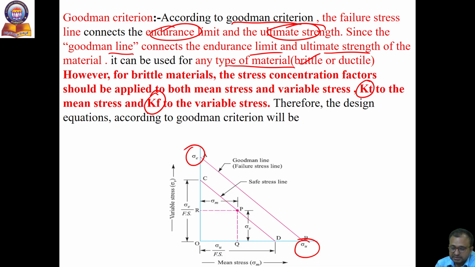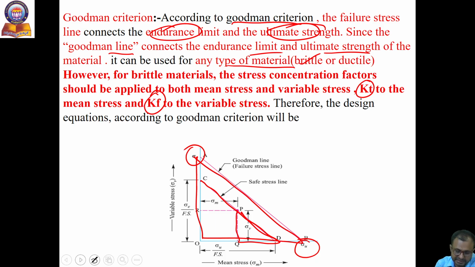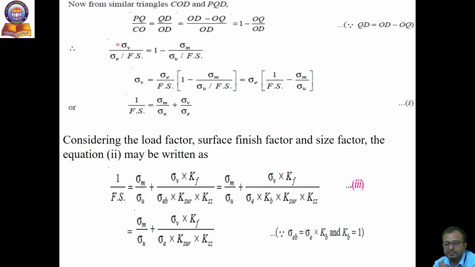We apply the factor of safety to these two values and draw the safe stress line. By taking similar triangles, we can get the Goodman criterion's equation, a similar equation: sigma m by sigma ultimate plus sigma v by sigma endurance.